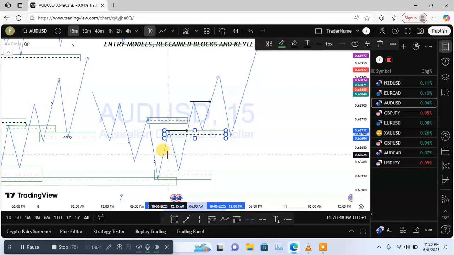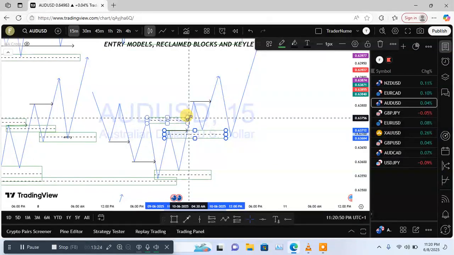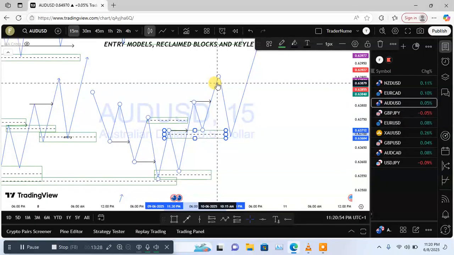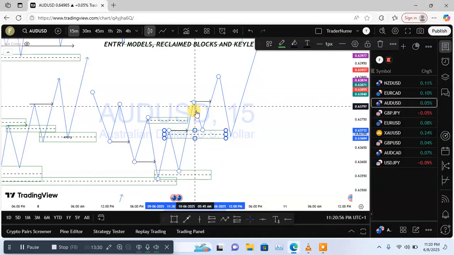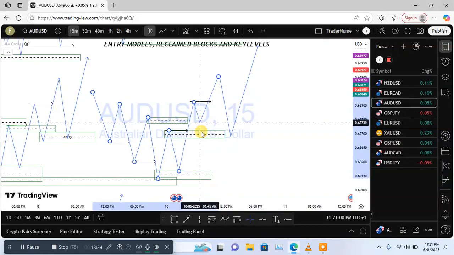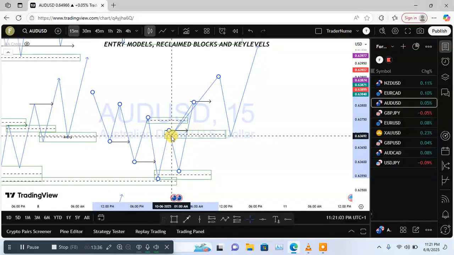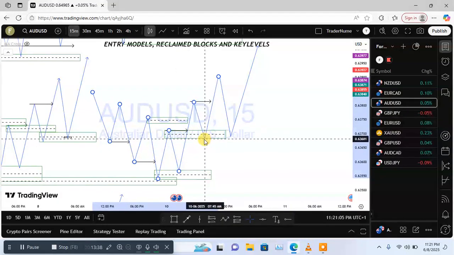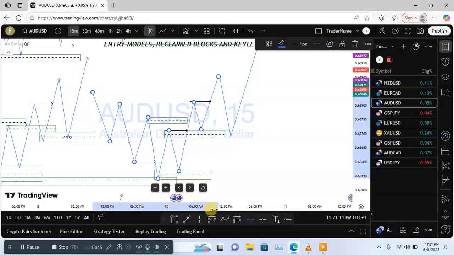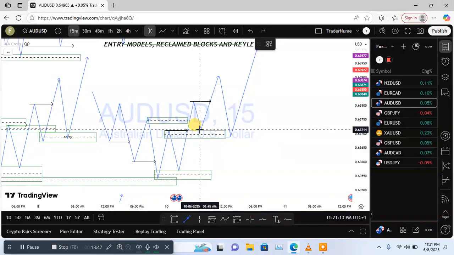Now for that flip entry, you must get a double break. But it depends on what happened on that break. If this low did not mitigate entirely on this supply becomes demand zone, and maybe stops somewhere here, that low here becomes liquidity.